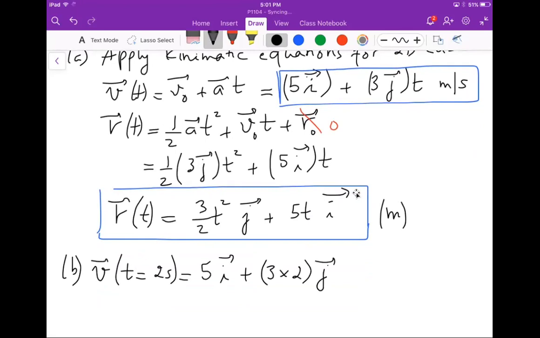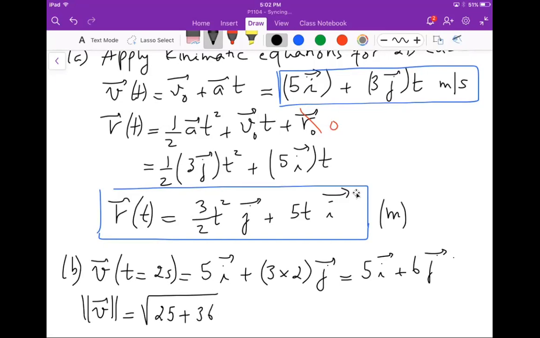And so it's 5 plus 6, so it is equal to 5i plus 6j. Now you can determine the magnitude of the vector v as the square root of 5 squared, 25, plus 6 squared, 36, and so we end up with 7.81 meters per second.